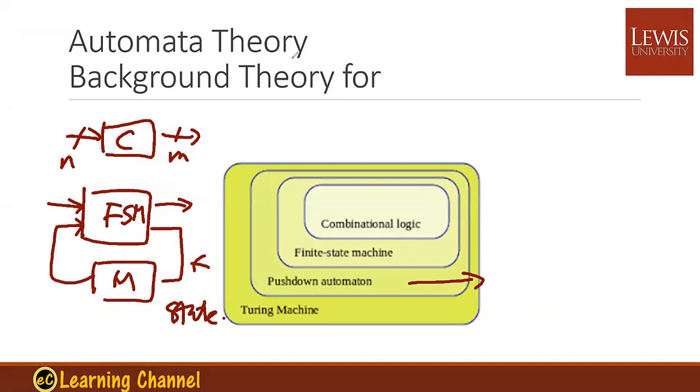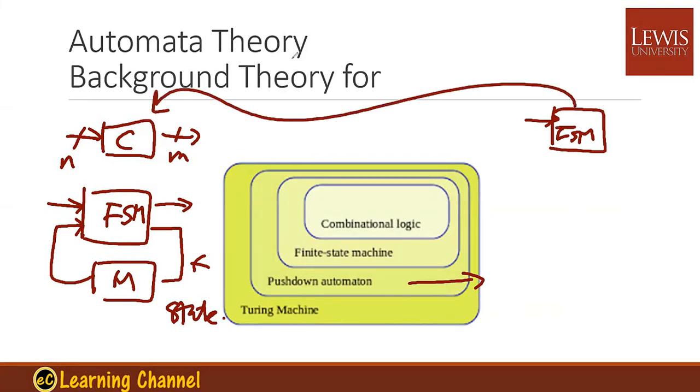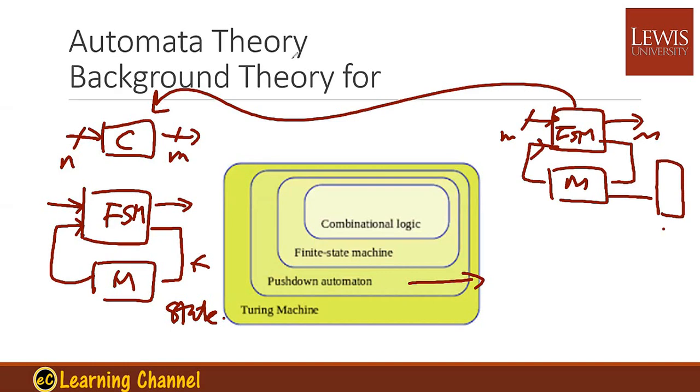That's not enough. Next one is pushdown automata. We have the finite state machine over here, and its logic is actually the same as this combinational logic: still N bits in, M bits out, and you still have a memory. Then pushdown automata add one more thing: you have a stack. You guys know stack, right?